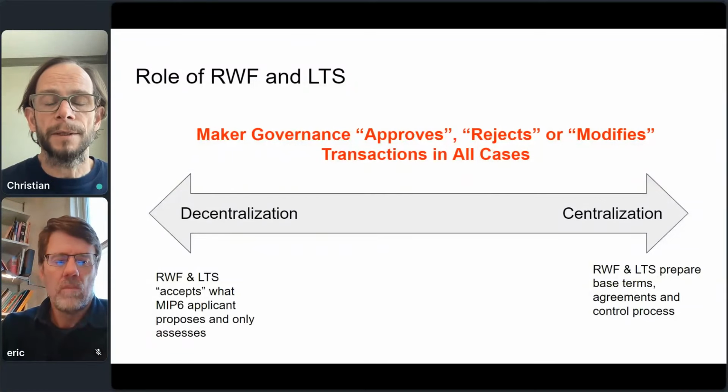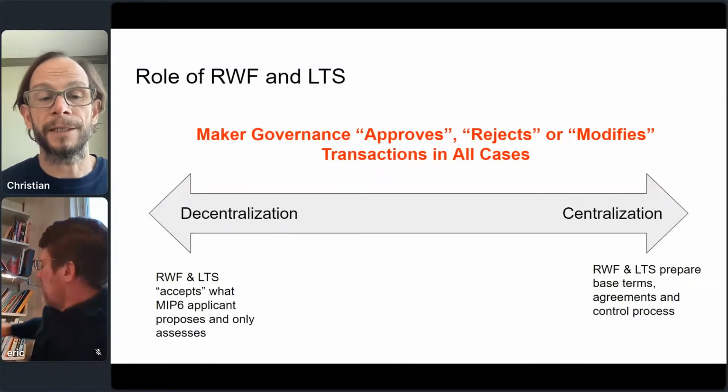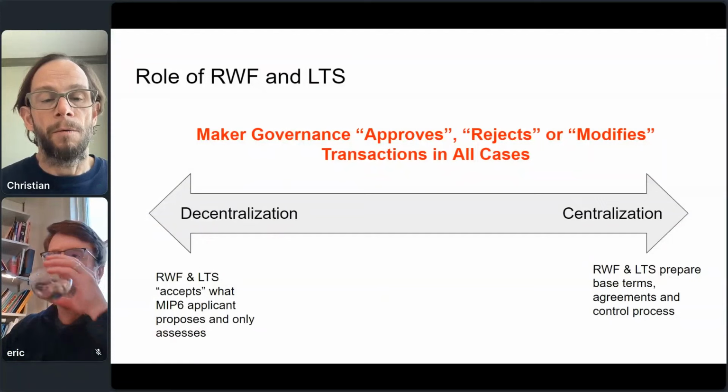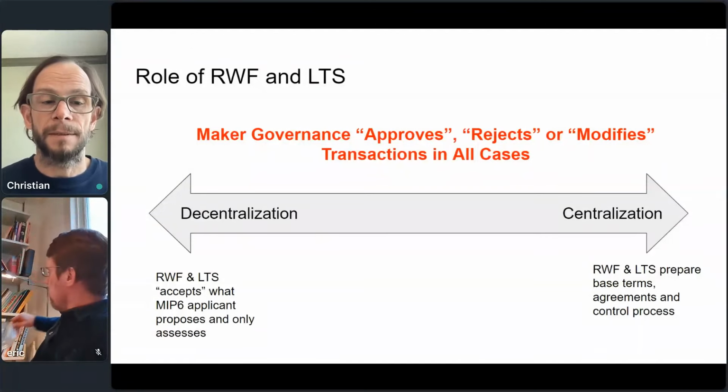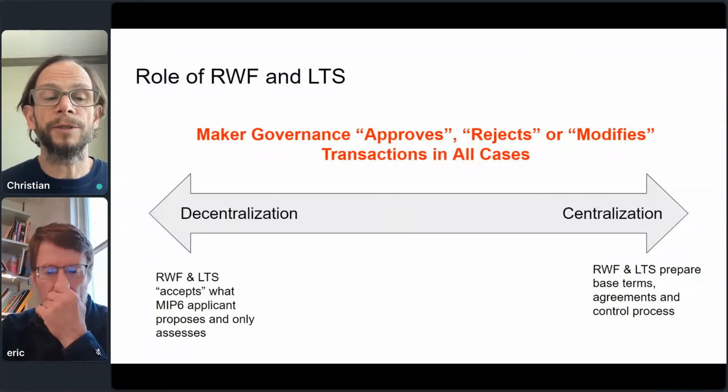So when you look along the spectrum of decentralization and centralization, on the extreme of decentralization, we would basically, quote, accept whatever the MIP6 applicant proposes and only do an assessment.